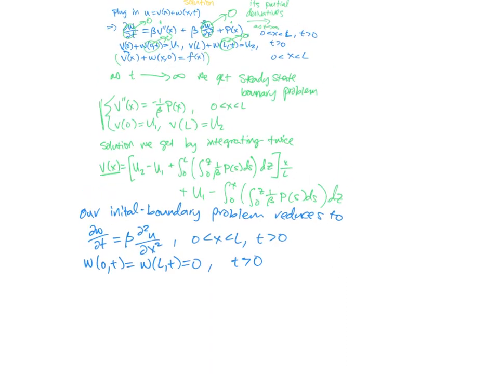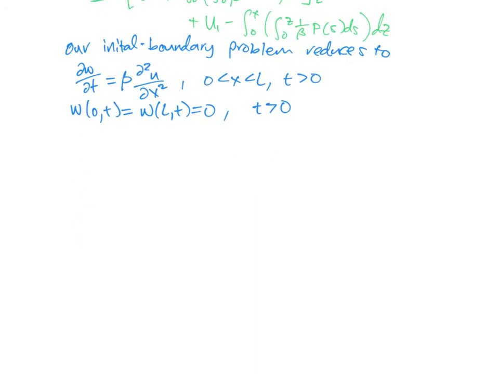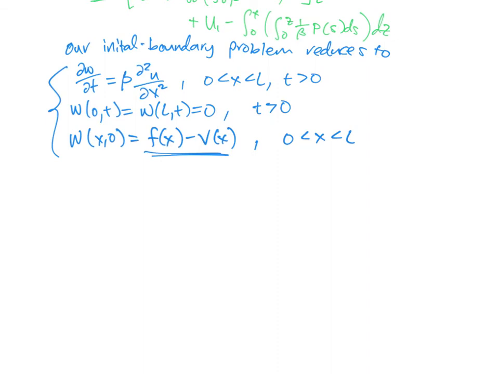We know what v(x) is, so we can just move that to the right-hand side, and we're left with w(x, 0) = f(x) - v(x). So we're back to the initial boundary value problem that we know how to solve, that we did back in section 10.2. And the only thing we've changed is this initial condition.